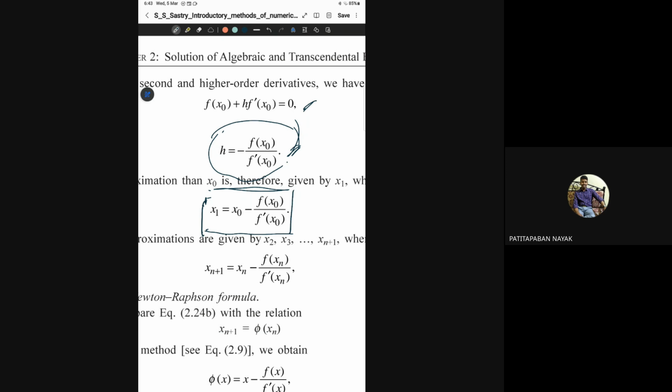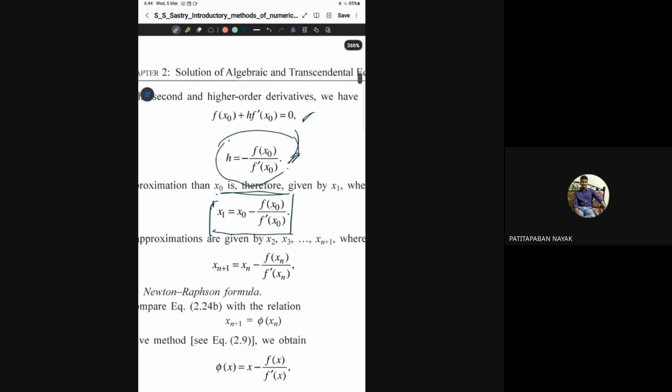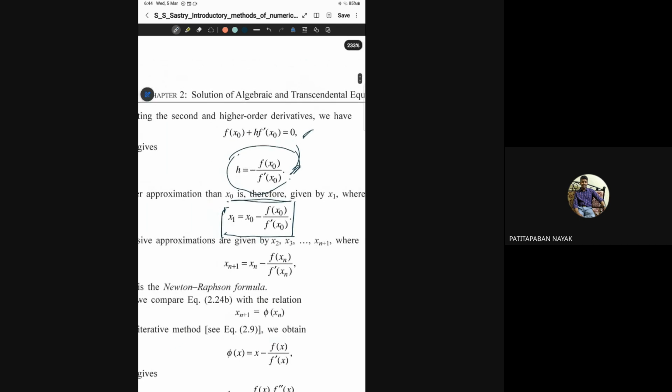f prime is 3x square minus 2. Put 1 in place of x and evaluate. What is the value of x1? Use your calculator and evaluate. Are all of you getting it or not?